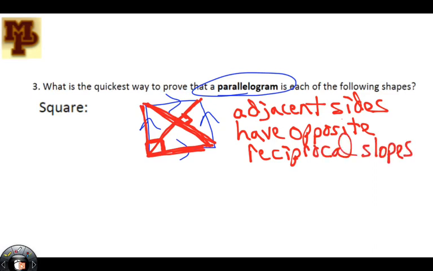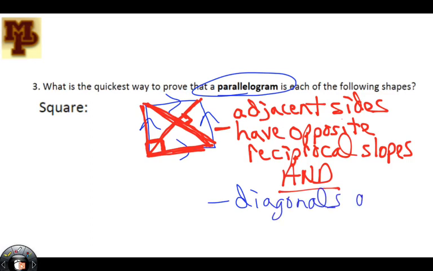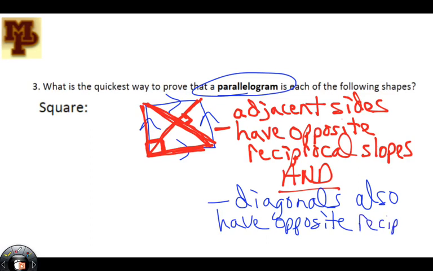And what that would prove is that it would be a rectangle, and then I'm going to say we would then need to do the diagonals. So diagonals also have opposite reciprocal slopes. And that would show that it's a square.